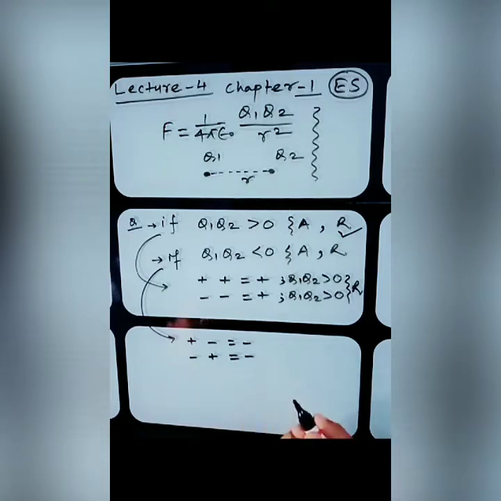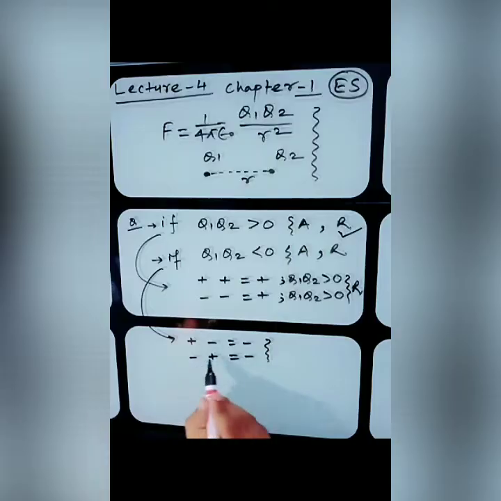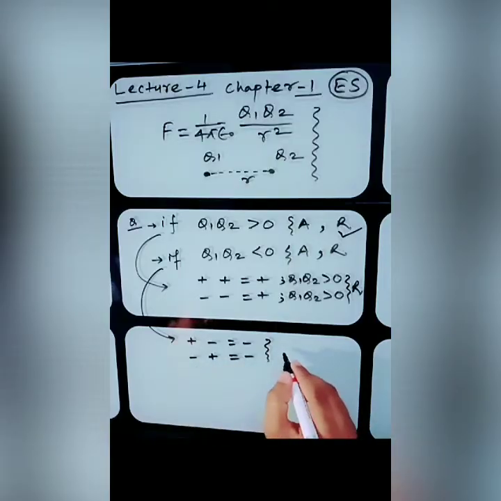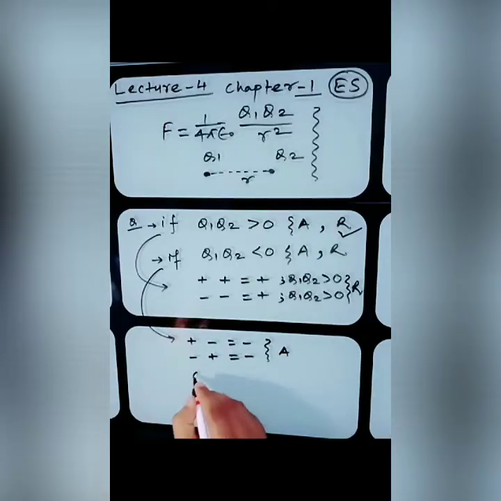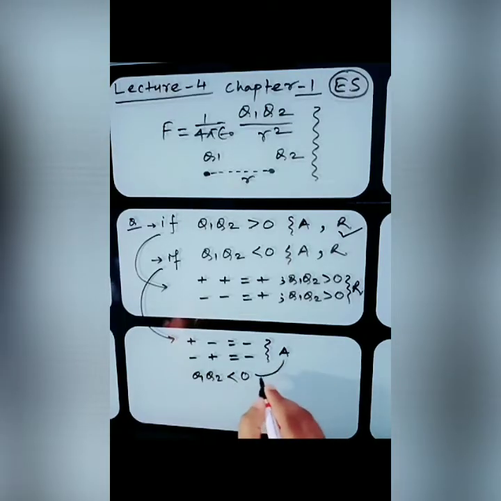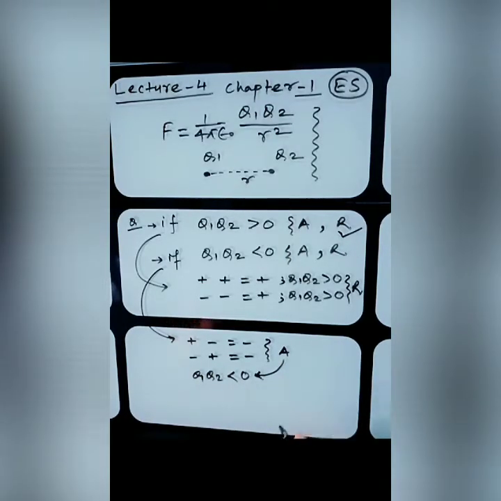So what will be the answer? If the charges are unlike, the answer will be attractive, because Q1 Q2 is negative, that is less than 0. So the force will be attractive. And this way, you might face a few more interesting questions.